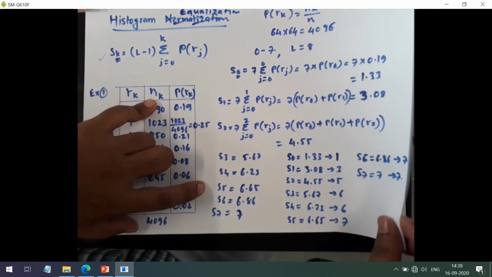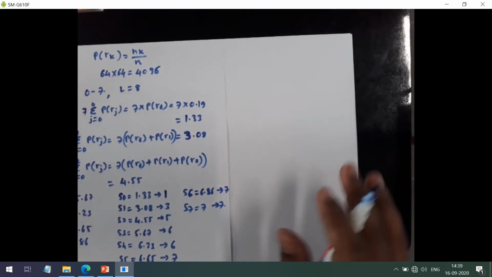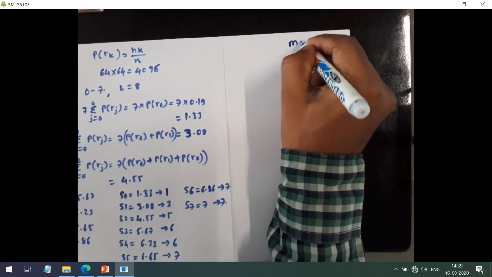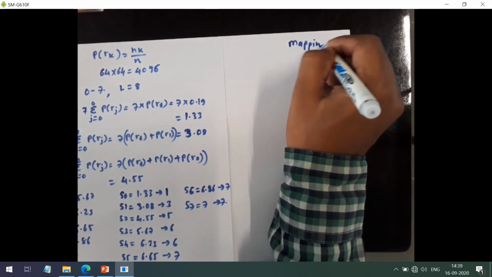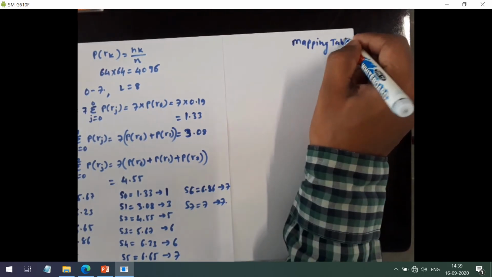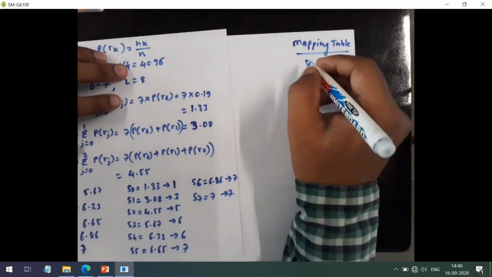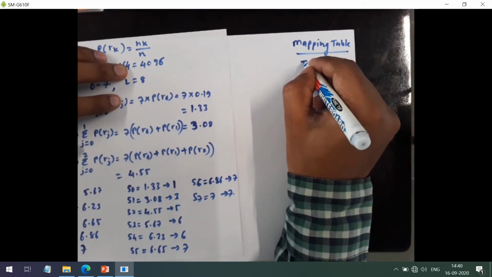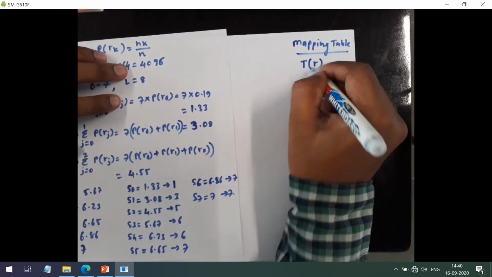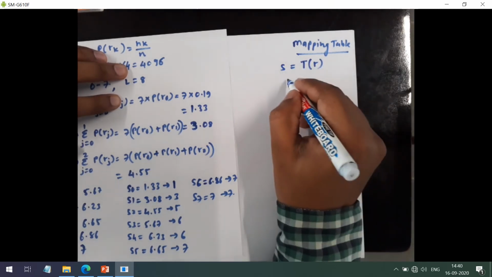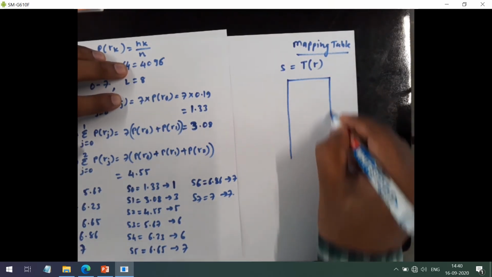Okay, so now what has happened after applying this transformation function? Let me write what has happened. So I will write the mapping table now. Mapping table. Okay, so we know the transformation function is like this, right? So we'll draw the mapping table.